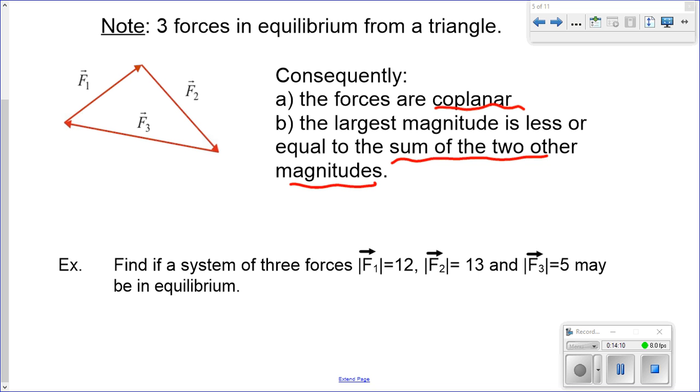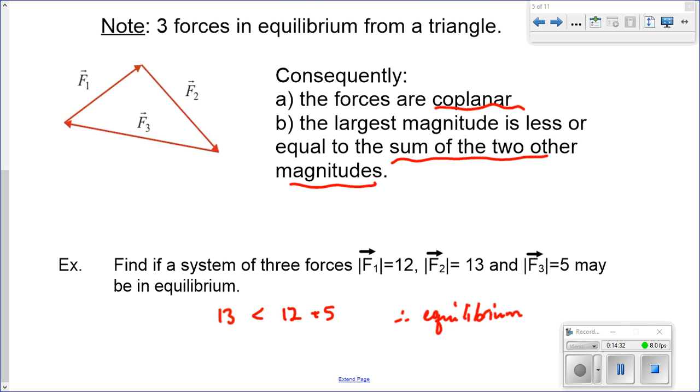So if I've got the largest side, and it's less than the sum of the other two sides, so 12 and 5 here. 12 and 5 is 17, that certainly is larger. So yes, it's in equilibrium. That's all we need to do here.